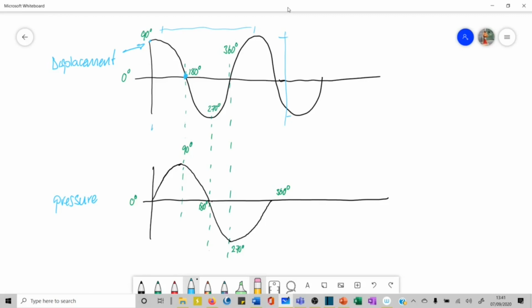If we say that's maximum condensation there, and then everything starts to move back like that, and then we go to that scenario where we've got the maximum condensation again, etc. You get the idea. So at 180 degrees, the pressure is at 90 degrees. So that's what they mean by it: the pressure wave is 90 degrees out of phase.